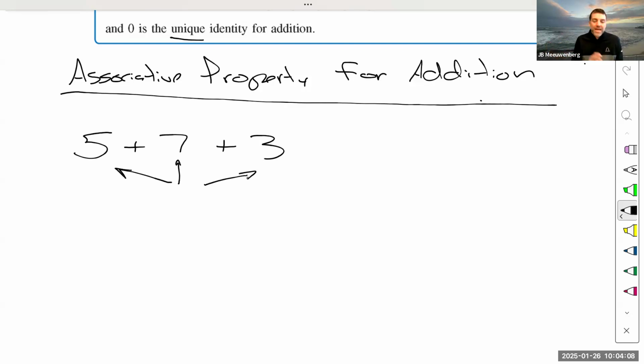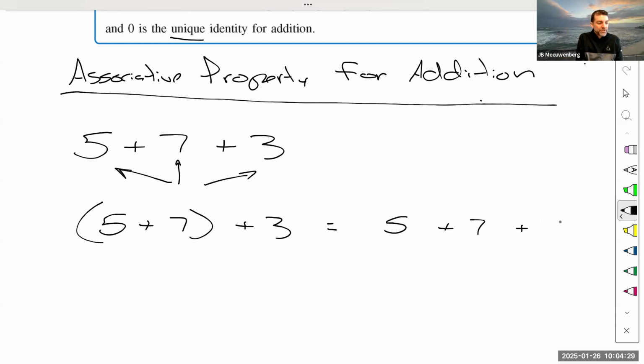And we can really choose. How do we do that with a notation? We use parentheses. The symbol of parentheses groups numbers. And so we can say 5 plus 7, put parentheses around that. We can group it, the 7 with the 5, or we can take those same 3 numbers, 5 plus 7 plus 3, and we could say we want the 7 to associate with the 3.